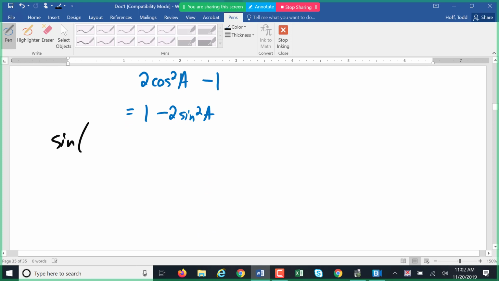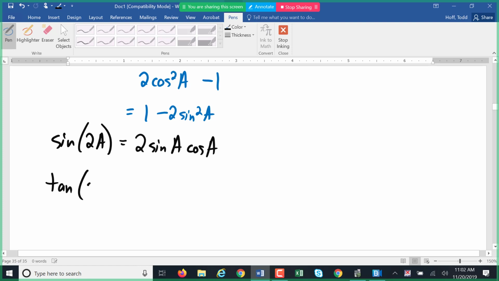Sine of 2 times an angle, 2a, is a little more straightforward. It's simply 2 times the sine of a times the cosine of a. I'll leave it up to you to put that in the angle sum formula and verify it if you want to.